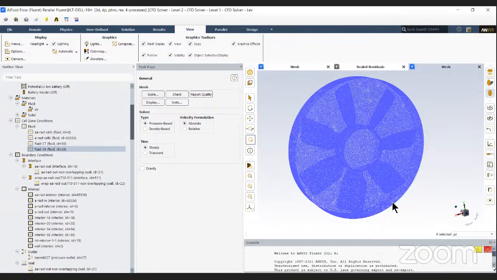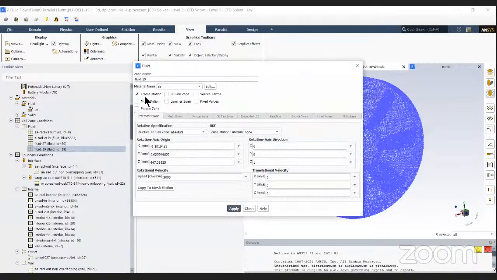The fan blades are actually moving. So you can go to cell zone conditions, click on this zone over here, and you will see that I have selected frame motion. So this is what you do in order to specify a particular zone as an MRF zone, okay? And then you specify the rotation axis origin and the speed of your fan.